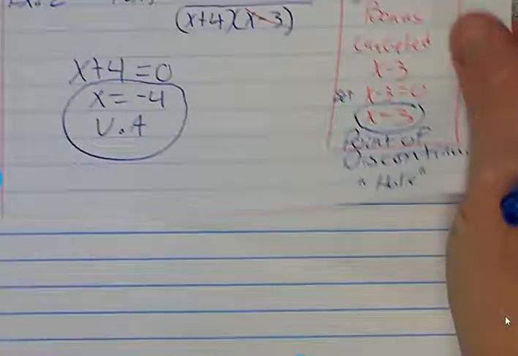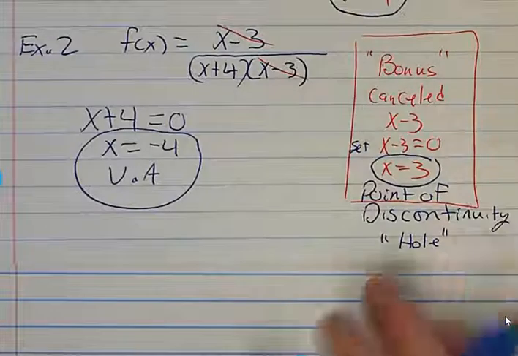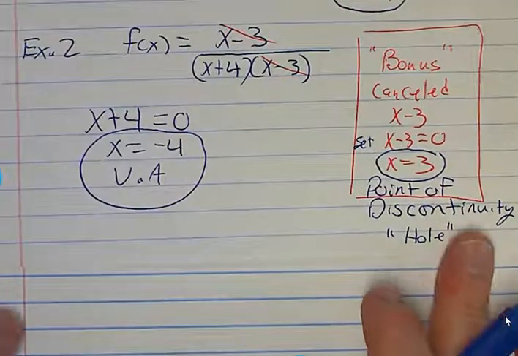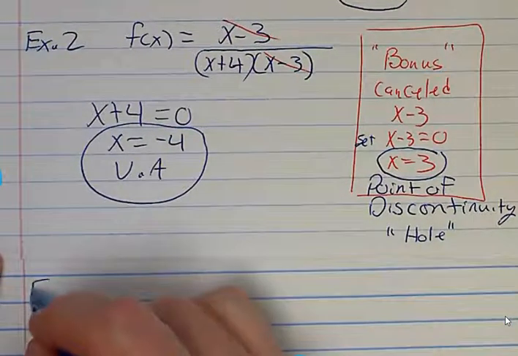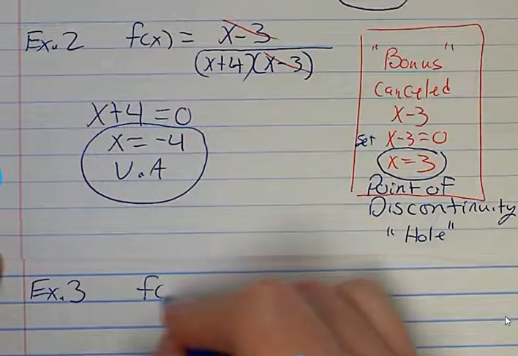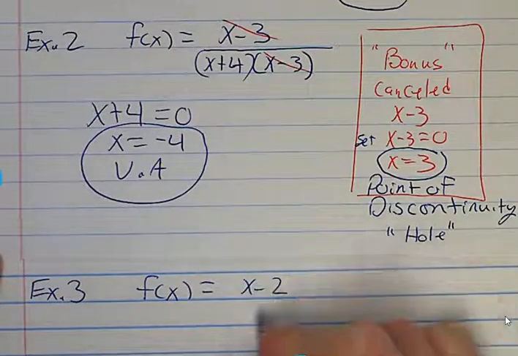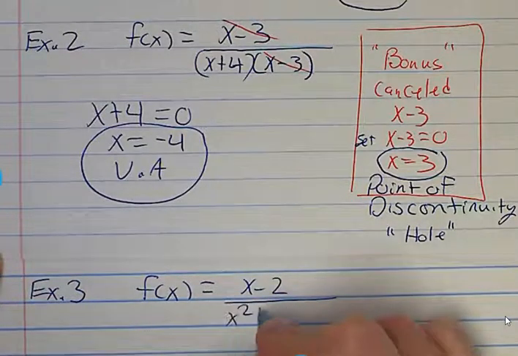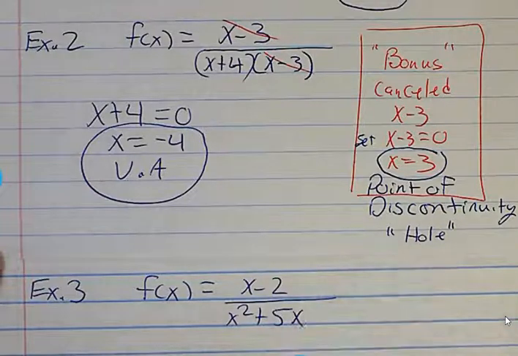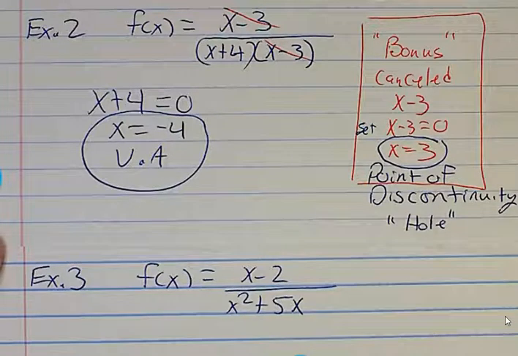Because so far you haven't had to factor. Let's give you one where you actually have to do a little bit of factoring here. So let's go with x minus 2 over x squared plus 5x.